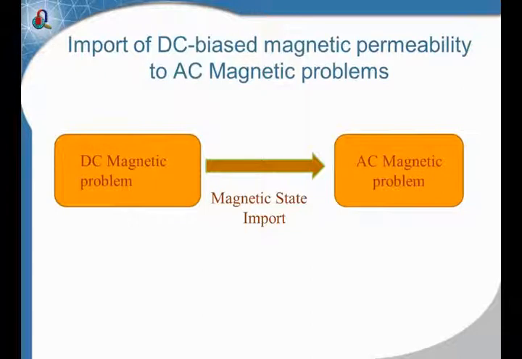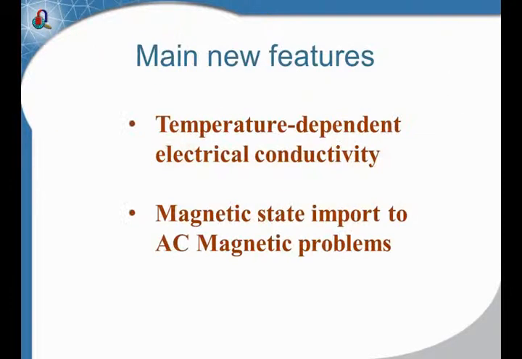And then this distribution of magnetic permeabilities may be imported into the AC problem. This is much more fast and efficient than setting up and then solving full-scale transient nonlinear electromagnetic problem. These are main differences between QuickField 5.9 and previous versions.